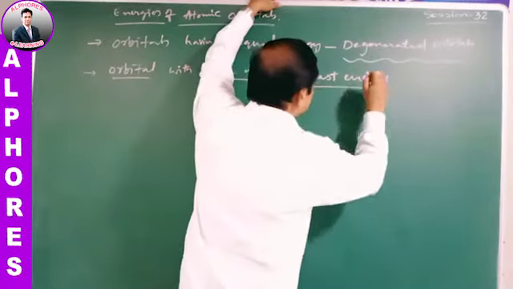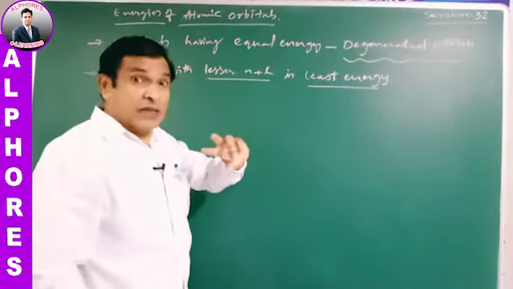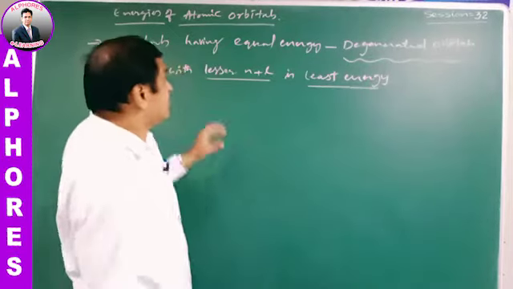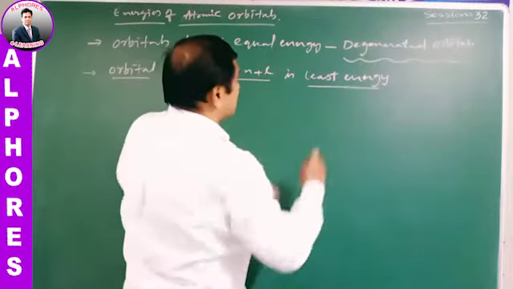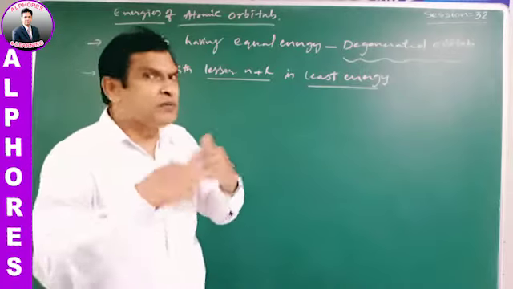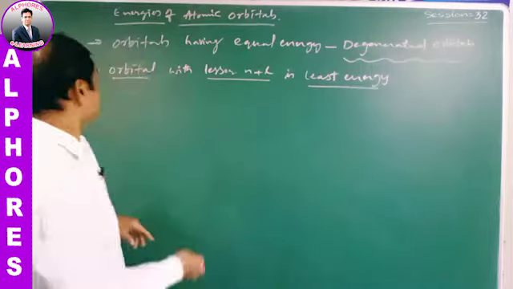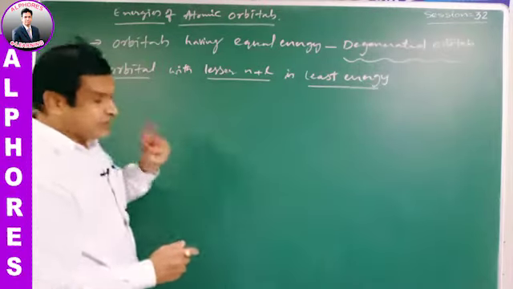Which orbital is least energy? The orbital with lesser n plus l value is least energy. The orbital with higher n plus l value is higher energy. Remember, lesser n plus l value means lesser energy orbital.